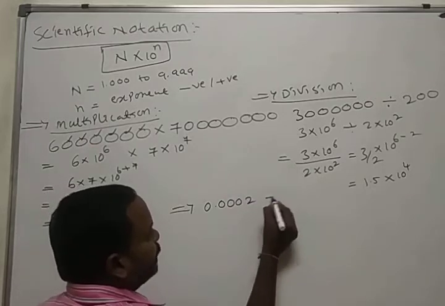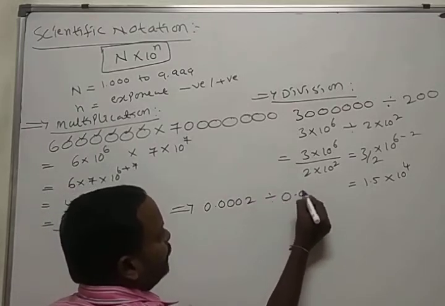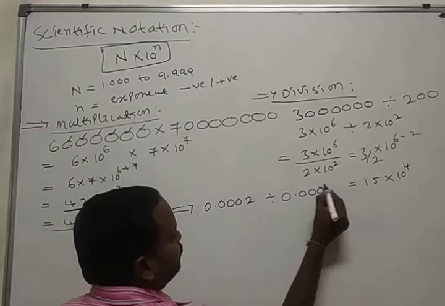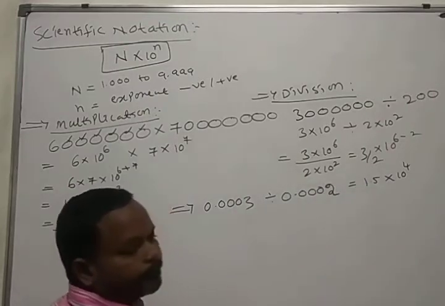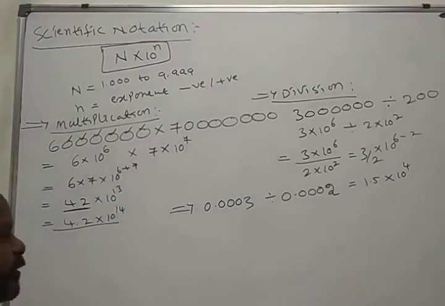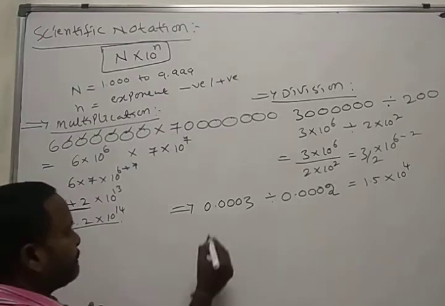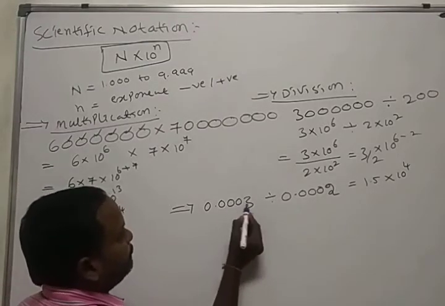0.003 is there, division with 0.002. Here you take 3, here you take 2. For understanding purposes, I took simple numbers here. Then write in scientific notation form.